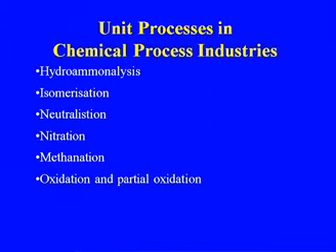Hydrolysis, and isomerization, which plays a very important role in the refinery for improving the octane number of low octane naphtha. Similarly, isomerization of metaxylene to paraxylene is done in paraxylene manufacture. Then neutralization, nitration, methanation, oxidation and partial oxidation.